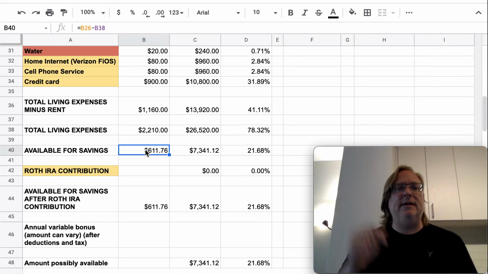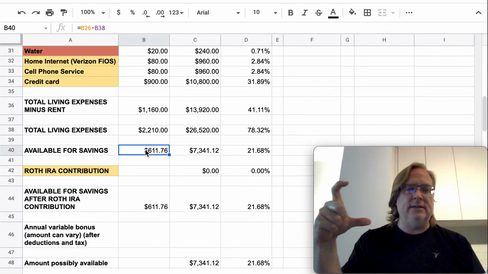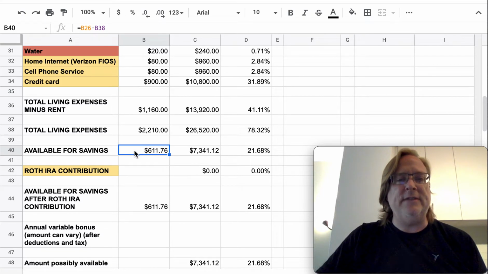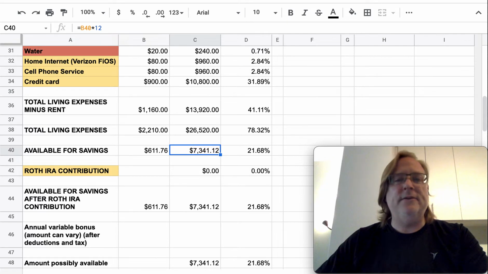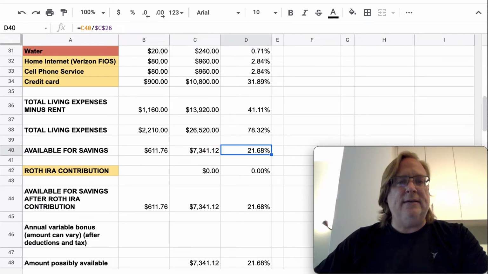So your net income minus your monthly expenses is what's available for savings. And then no surprise in the yearly column, multiplication by 12, and then here in the percentage column, division by the net income. So you know what percentage that is.